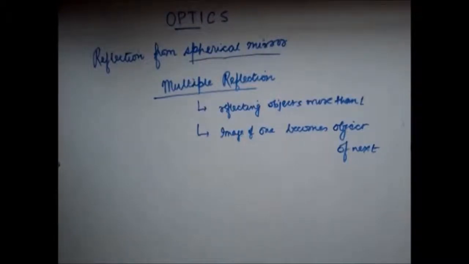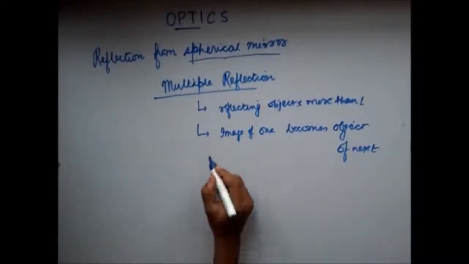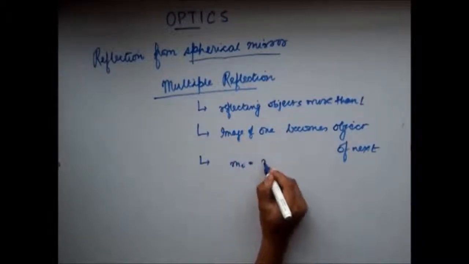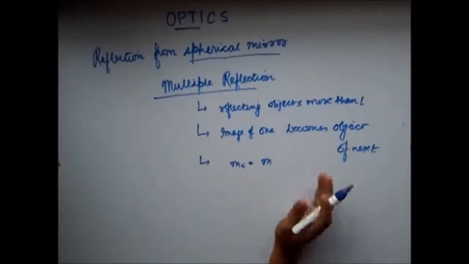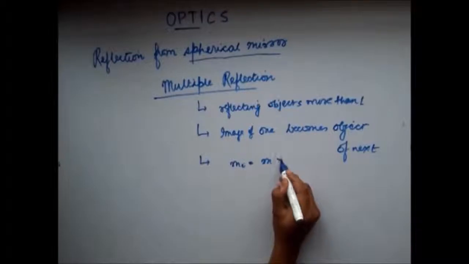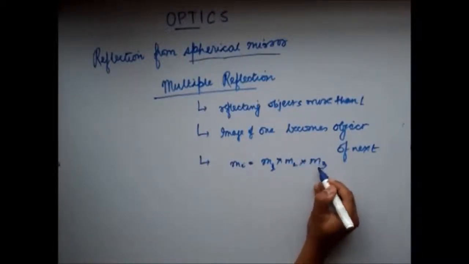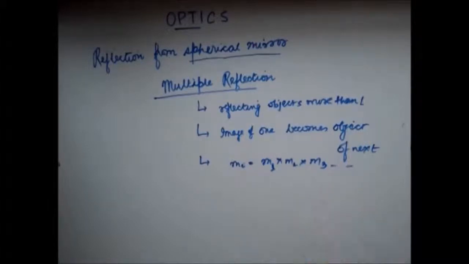Image of one becomes the object of the next. The total magnification produced is the product of the magnifications of the individual reflections, M1, M2, and so on. Okay, it goes on like this.